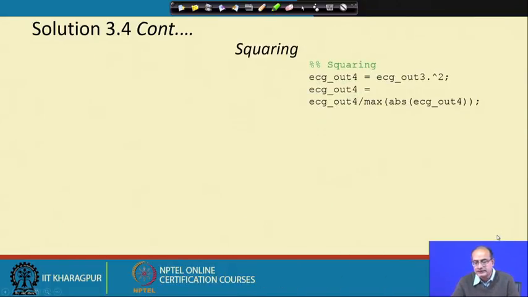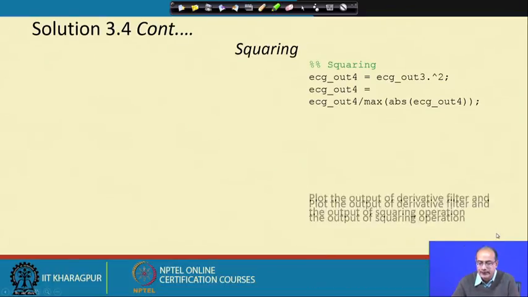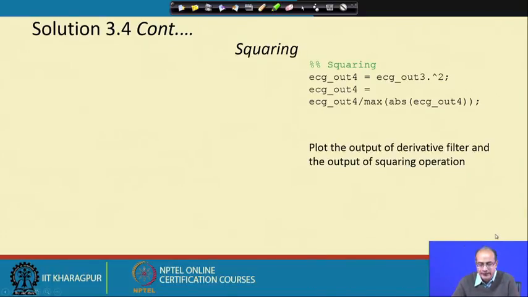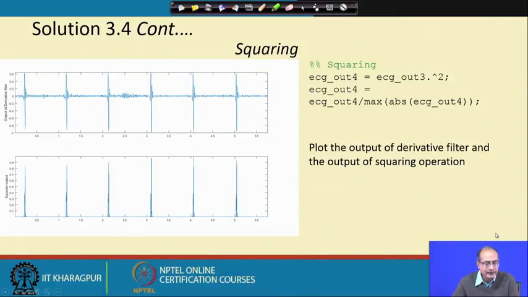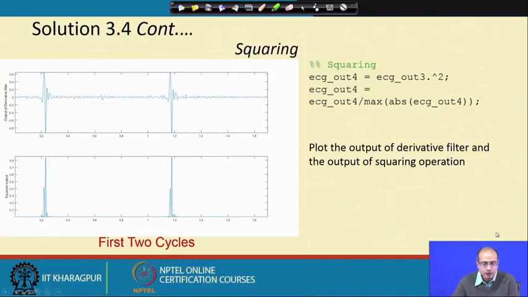The squaring operation is the next step. We take the pointwise square and we normalize it again. Everything becomes positive and it becomes a little jagged, which will be more clear when we look at only the first 2 cycles.